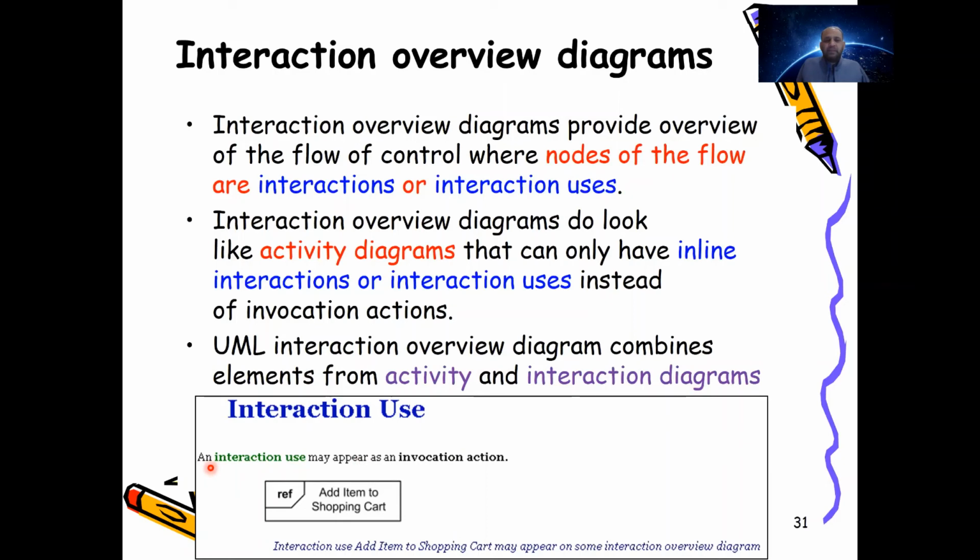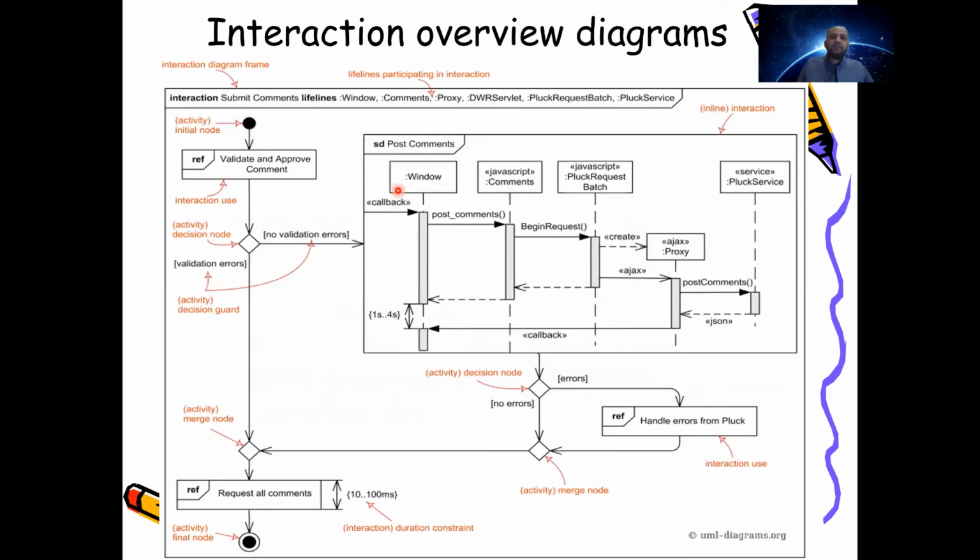So this is an interaction use which I have shown you in the previous slide. Let's see the next example. This is an example of an interaction overview diagram. Here you can see the activity initial node, and here is the activity final node. And there are various control flows which you can see over here. First of all, from the initial node, once we come here, we come across an interaction use. That is a reference.